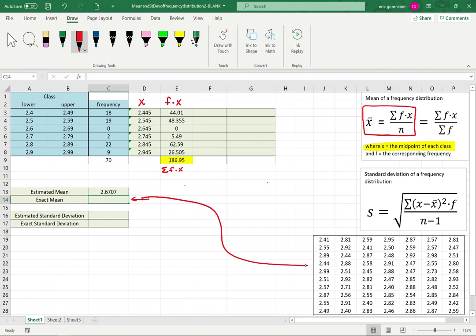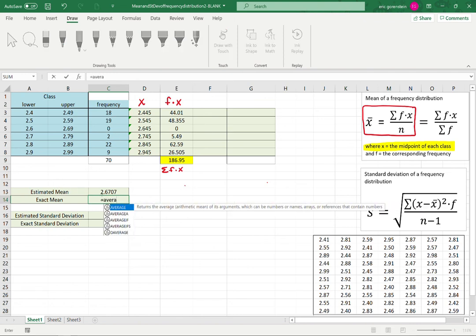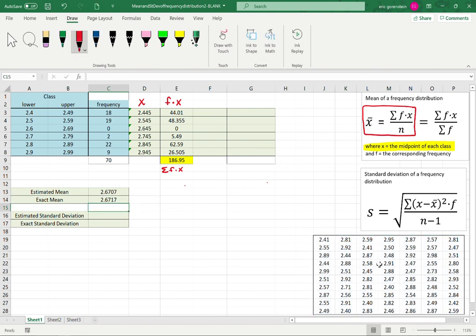But if we want the exact value of the mean coming from the data, well, we could simply say equal average, parentheses, and then select the data that you want to find the average of. And something very interesting happens. We get almost the same number.